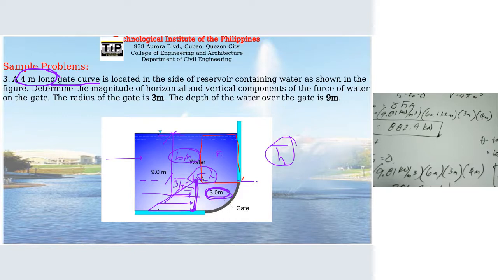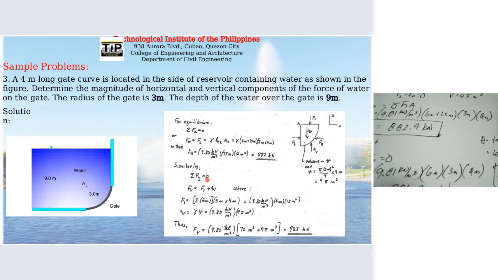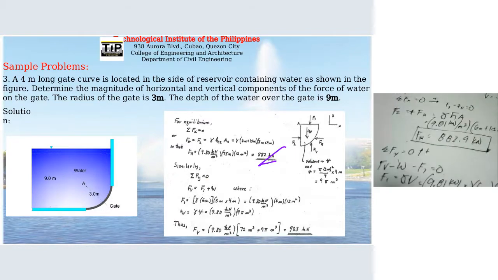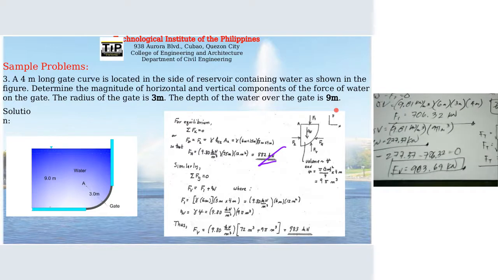Okay, let us check if our answers are correct. So F sub H 882, then F sub B 980.